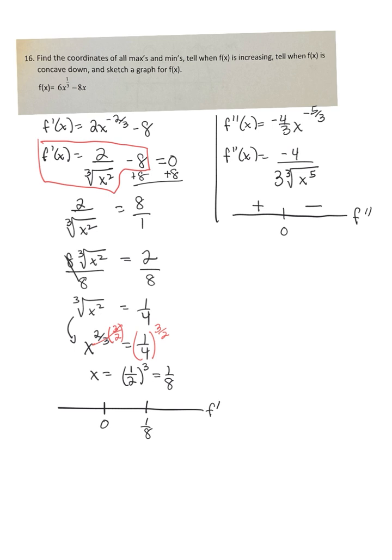So this should be a plus or minus, which means my sign chart here should have a -1/8. Okay, all right, isn't that fun?